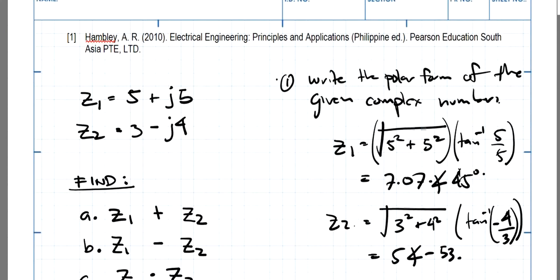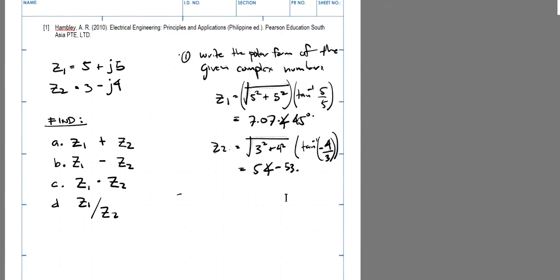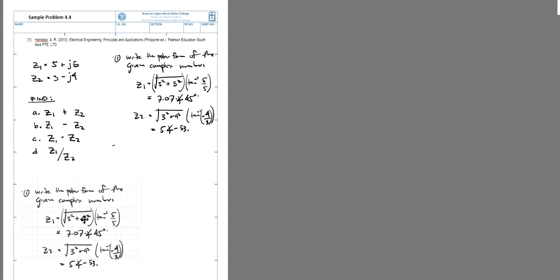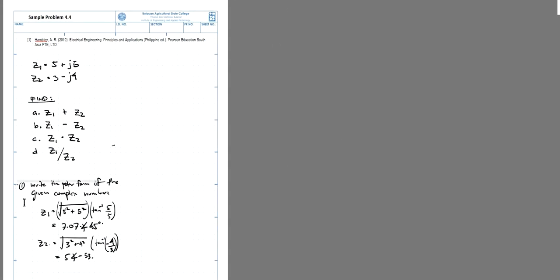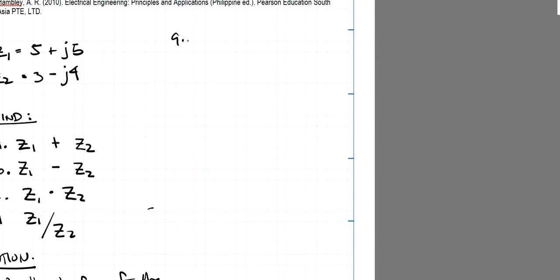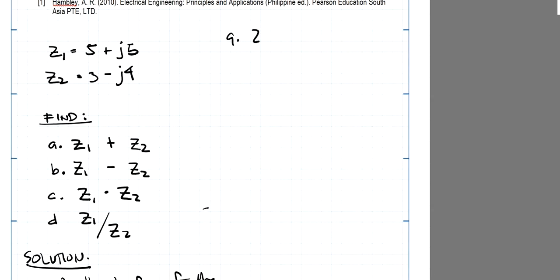Okay, next, let's do the operation. So for letter A, z1 plus z2, that means 5 plus j5 plus 3 minus j4.